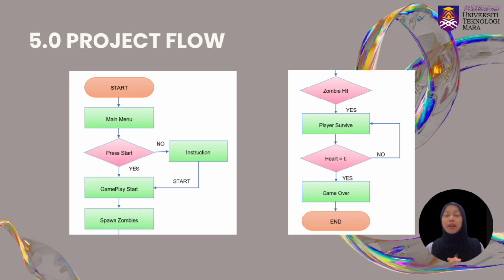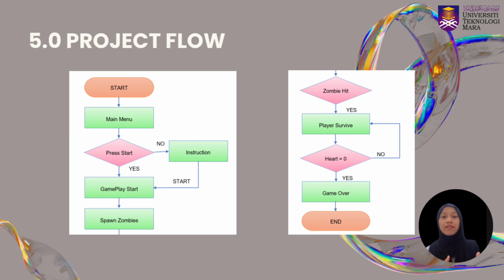Next, gameplay start and spawn zombies. Once the gameplay starts, the player character appears and the zombies are spawned in the game area. The player can move and shoot to avoid being attacked. Then, zombie hit decision. During the gameplay, the system checks whether the zombie hit the player.